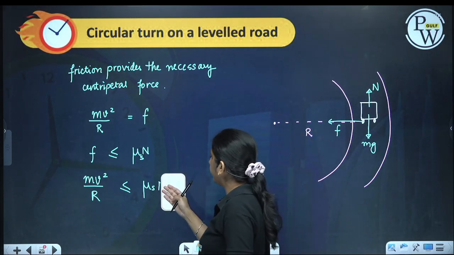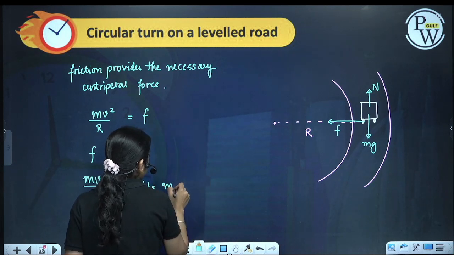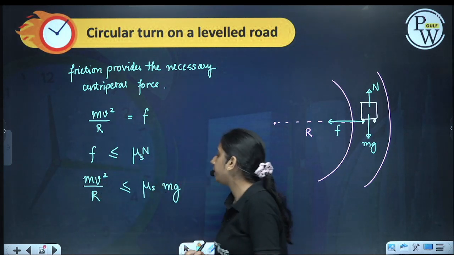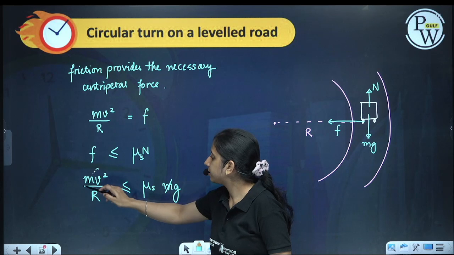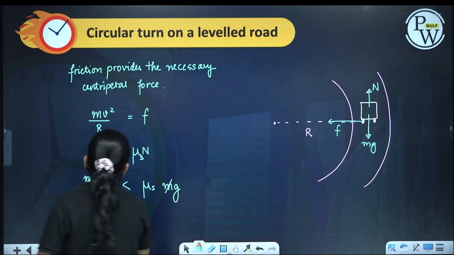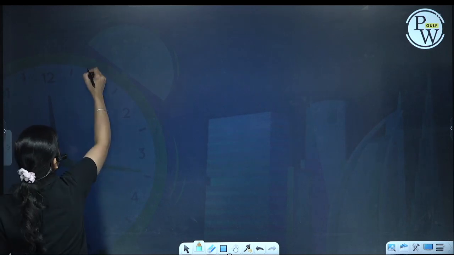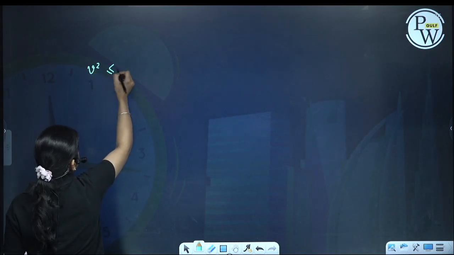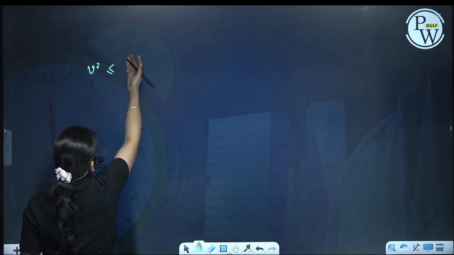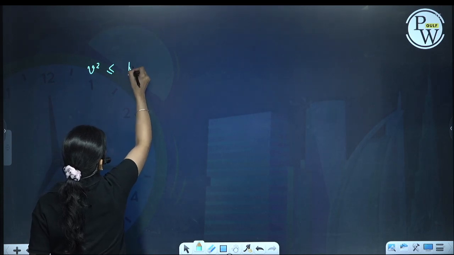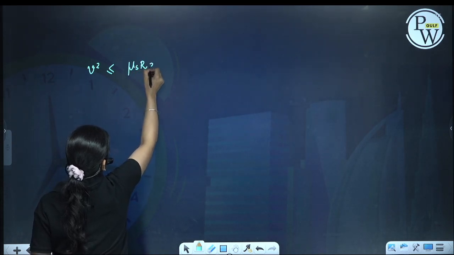Now what is N? N will be equal to mg only. Cancel the m and m. We will get that v square is always less than or equal to mu s times r g.